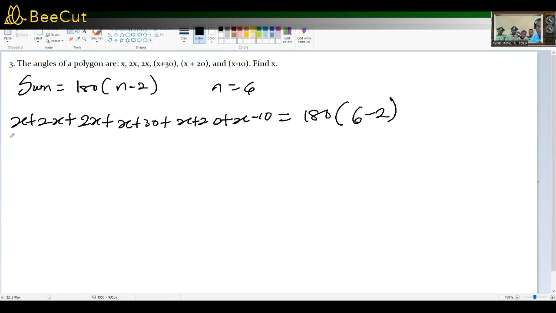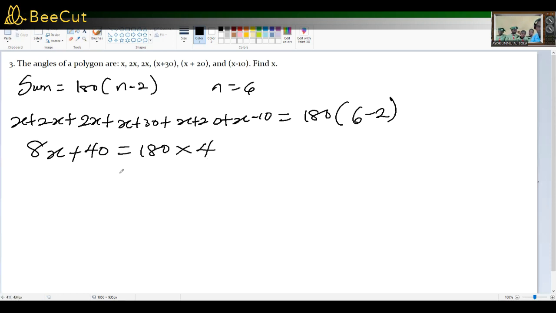How many x on this side? 3x, 5x, 6x, 7x, 8x. So 8x. What are the numbers there? 30 plus 20 is 50, minus 10 is 40. That's positive 40, yes or no? Equal to 180 times, what is 6 minus 2?